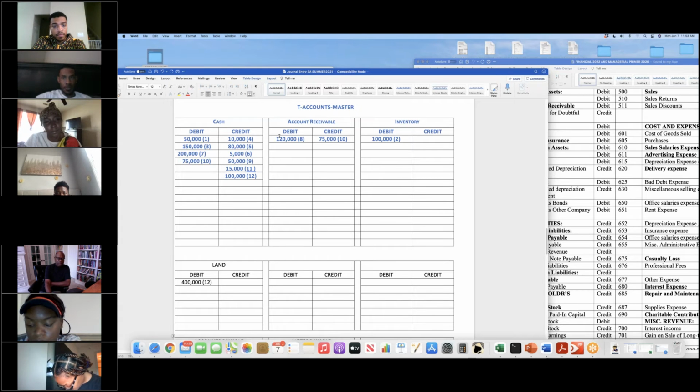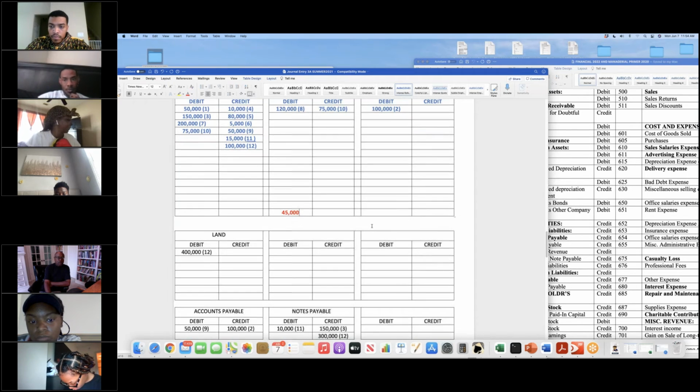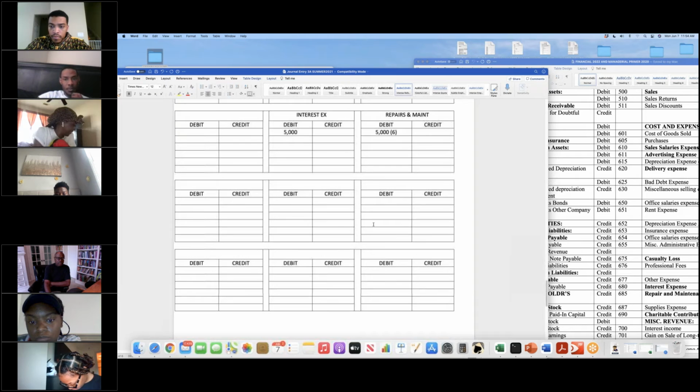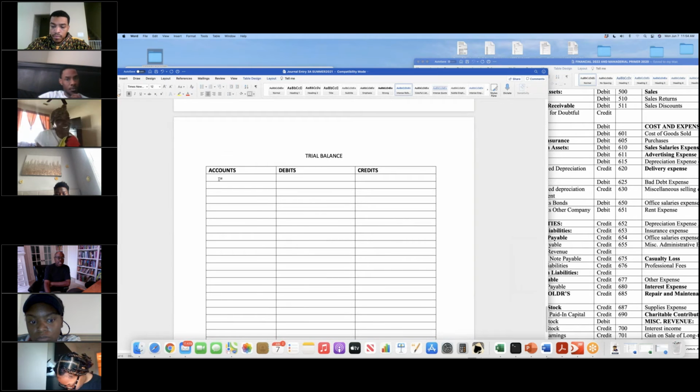So we do account receivable, we have a debit of 120 and we have a credit of 75. So we take the difference, how much is it? 45,000. We're gonna put that in red. So when we come to the trial balance, gotta stay in order.